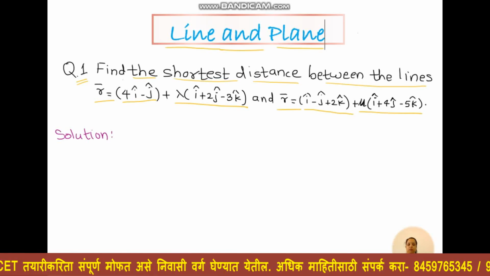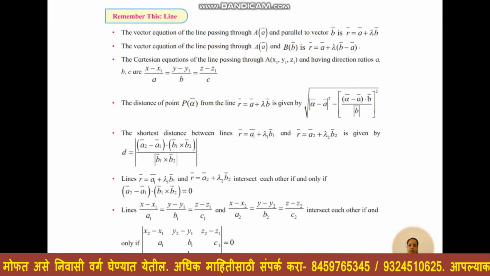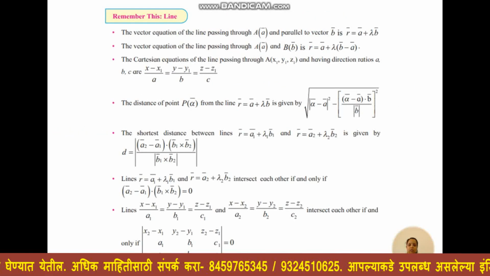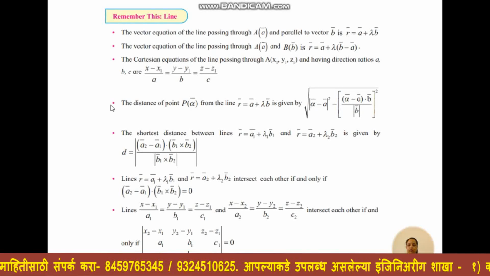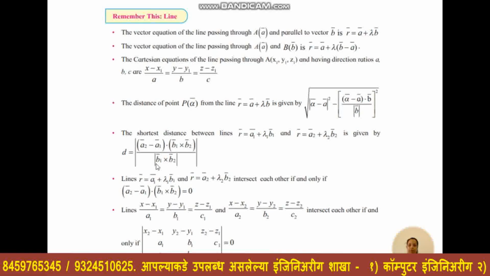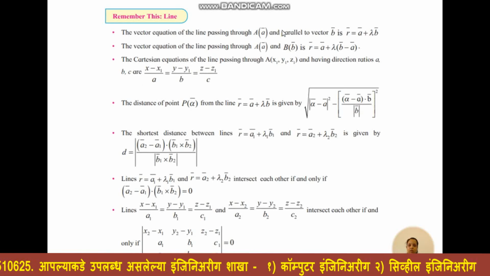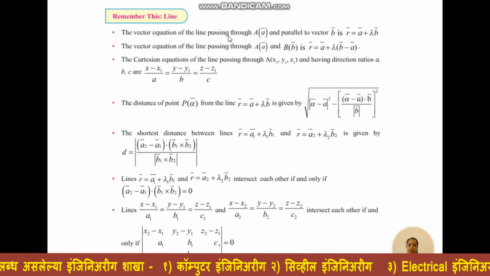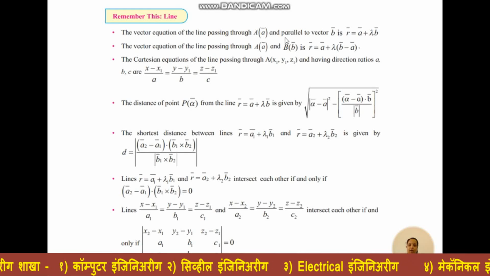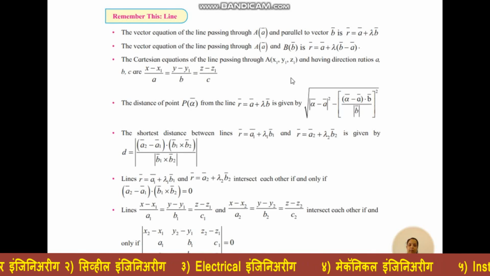Now, first we see formula list for lines. See, first equation is about line passing through a bar and parallel to vector b bar.